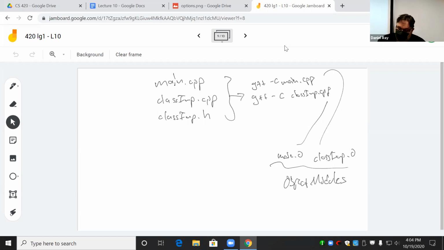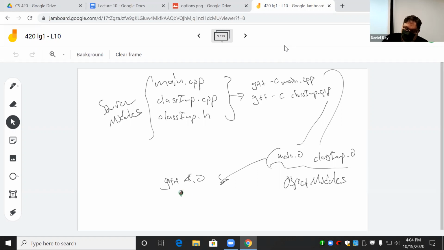Okay? So these are source modules, and they could be code that we wrote ourselves, or they could be libraries. And then I take these two and I do g++ *.o, which just means g++ main.o and class imp.o.